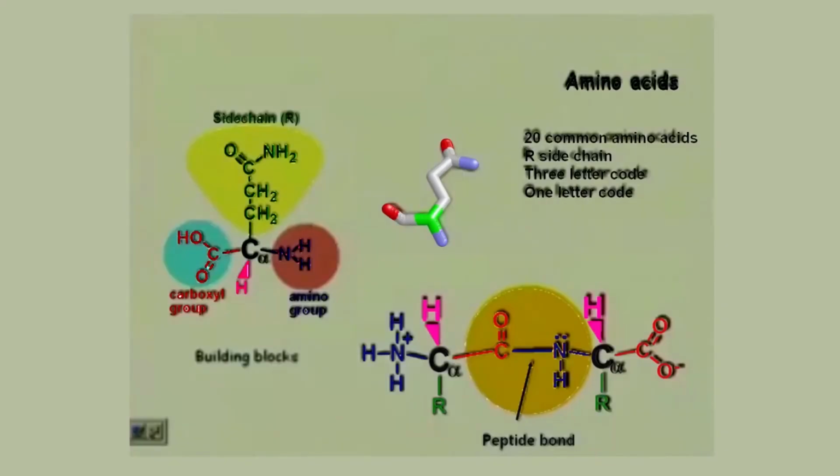The next thing that we are going to look into is a representation. When we consider a representation of amino acids, as we have already seen, we have a carboxyl group, an amino group, a hydrogen which is common to all amino acids, and a side chain R. Now, if you look at this side chain, you recognize that this is an amide group.